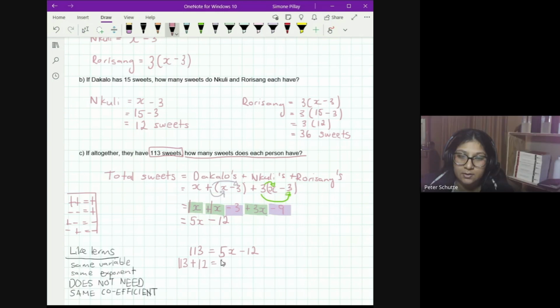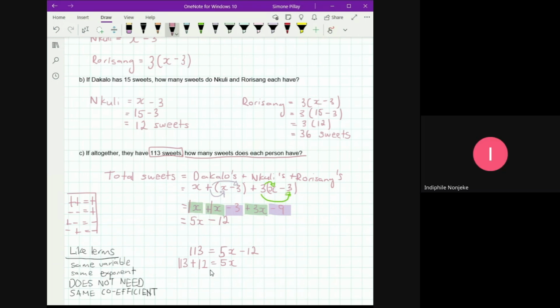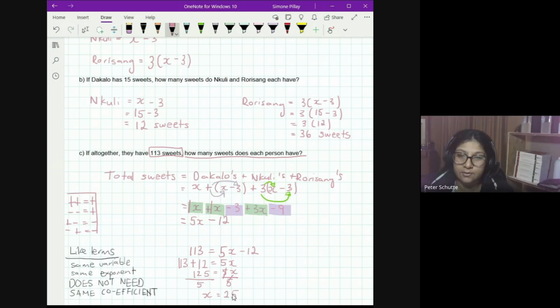Sorry, my bad. Which after we say that it's going to be 125 equals 5x. We're going to divide both sides by 5, and then for 5x we're going to cross out 5, and for 125 divided by 5, ma'am, we are going to have 25.